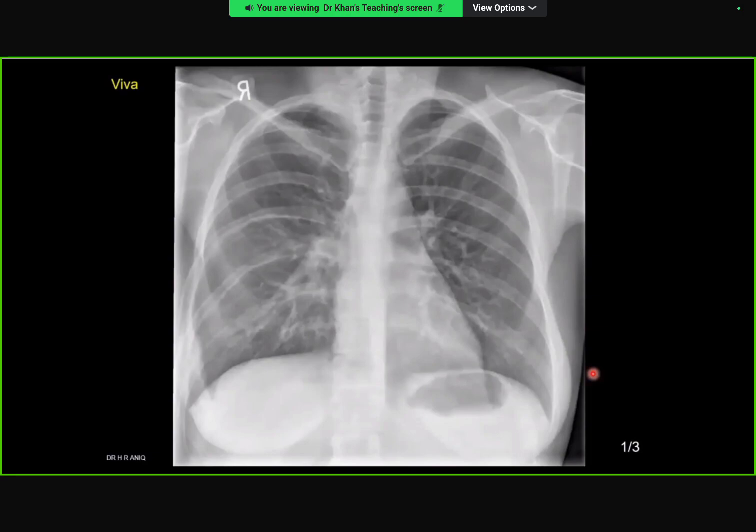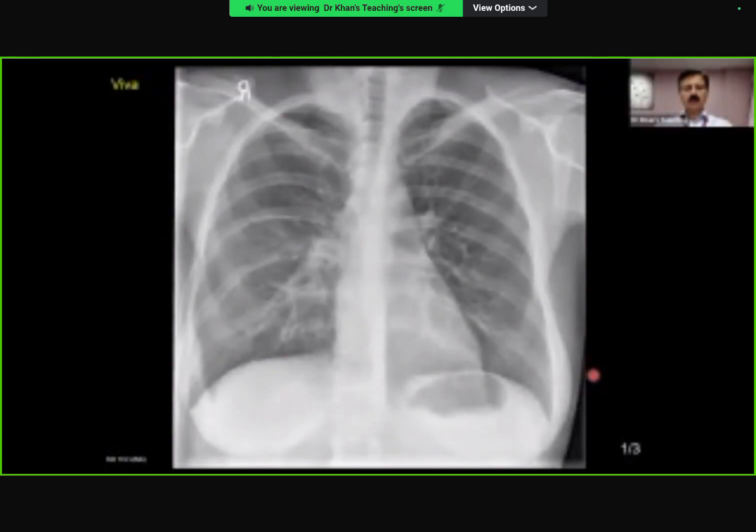There looks to be some cortical thickening of the inferior cortex of one of the ribs on the right. I think that's the... Excellent. More ribs? Right rib. Okay, conclusion.